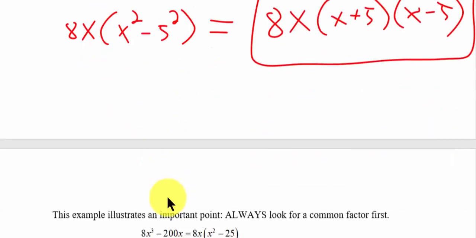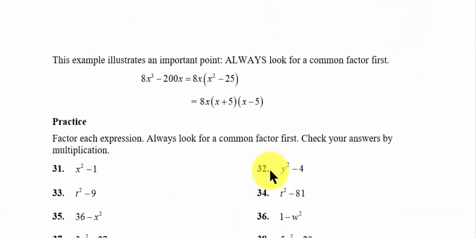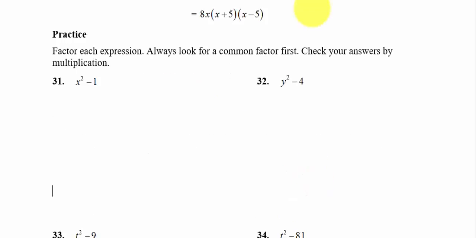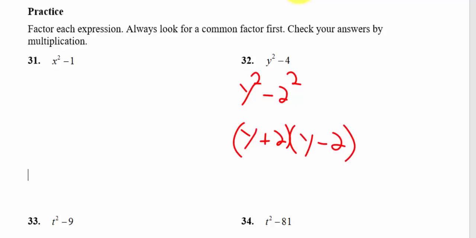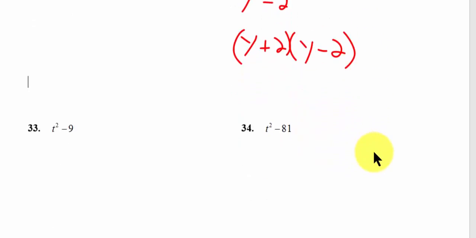Okay, let's keep going. All right, so now we have some practice problems. Again, we're going to work through the evens. When I look at problem 32, you can think of this as y squared minus 2 squared. So that's going to become y plus 2, quantity, times the quantity of y minus 2. When I look at number 34, you can think of this as t squared minus 9 squared. 9 times 9 is 81.